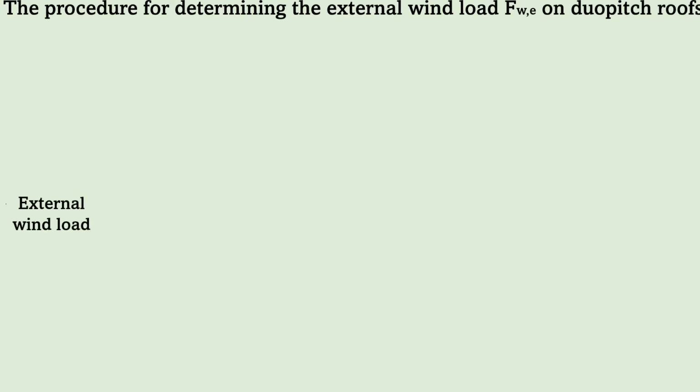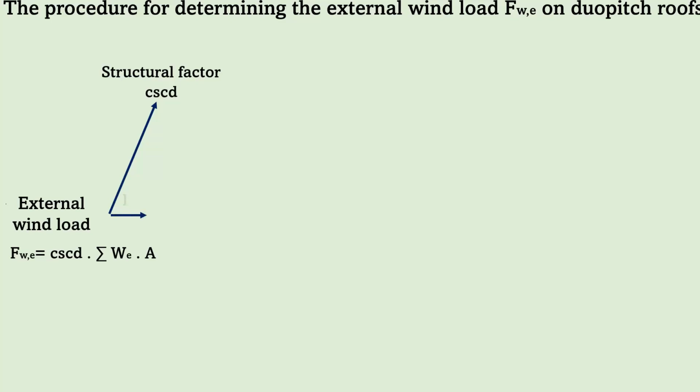Here is the procedure for determining the external wind force FWE on duopitch roofs, and it can be determined following this equation. CSCD is the structural factor, WE is the external wind pressure, A is the reference area of each zone.